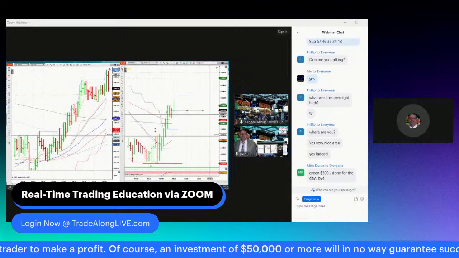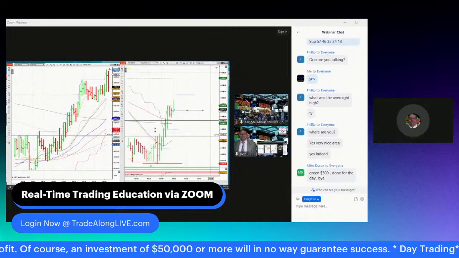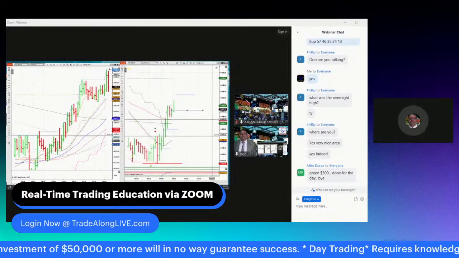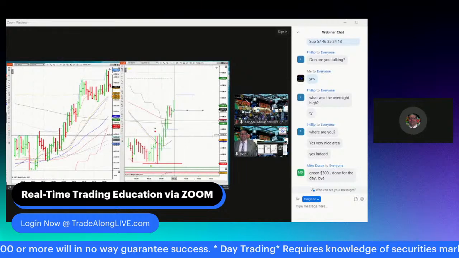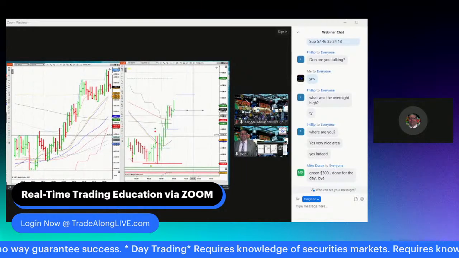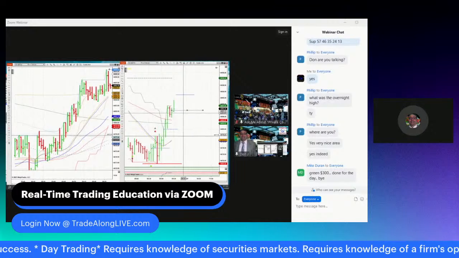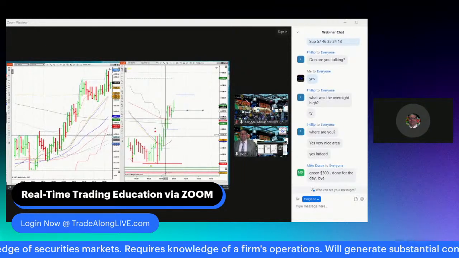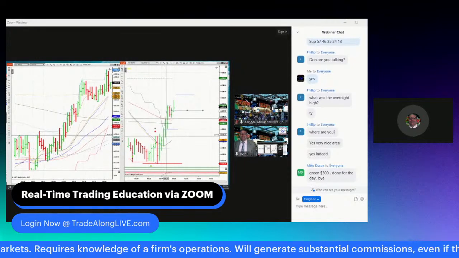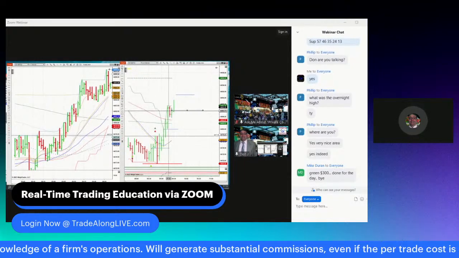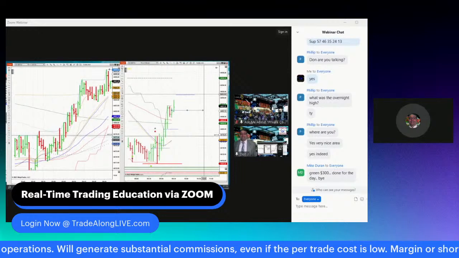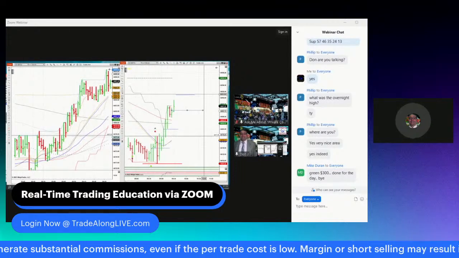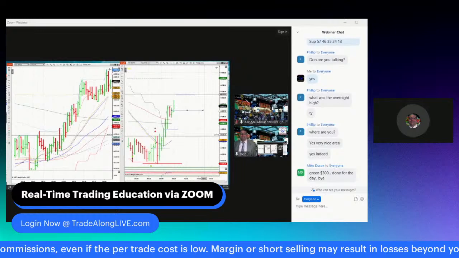I had the 83s, and if you'd have taken the 83 the first time to it, you made a little money. I had the 85, but I decided since we got up in this range, I was going to use the upper end of it. So then I shifted into the 86 for momentum.